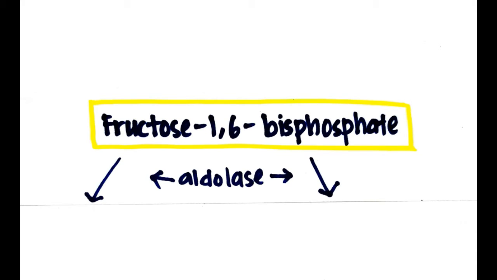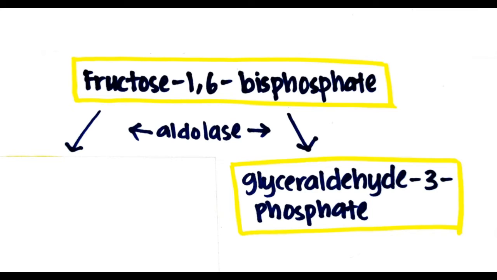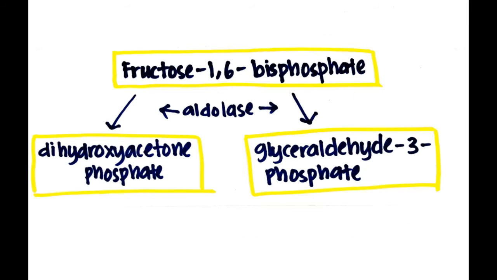Fructose 1,6-bisphosphate is split into two 3-carbon sugars, that is glyceraldehyde 3-phosphate and dihydroxyacetone phosphate. These two sugars are isomers of each other. This is the reaction from which glycolysis gets its name. This reaction is catalyzed by the enzyme aldolase.